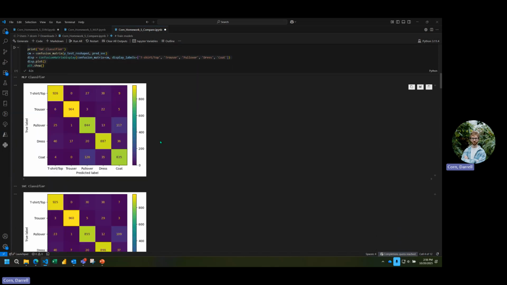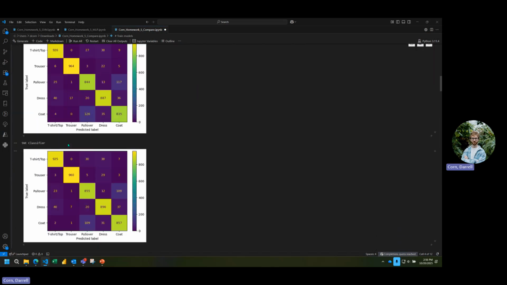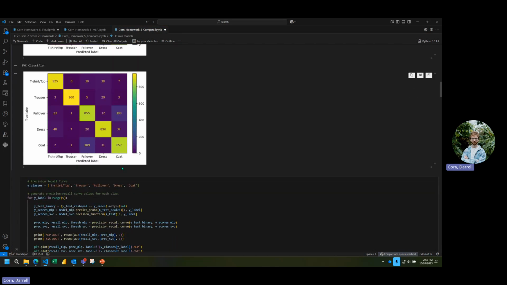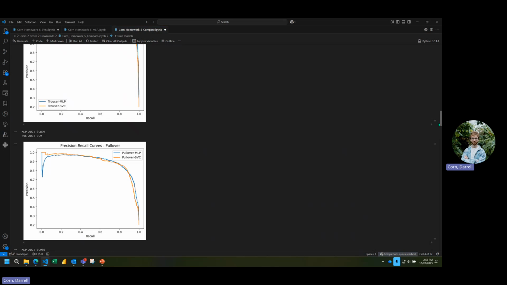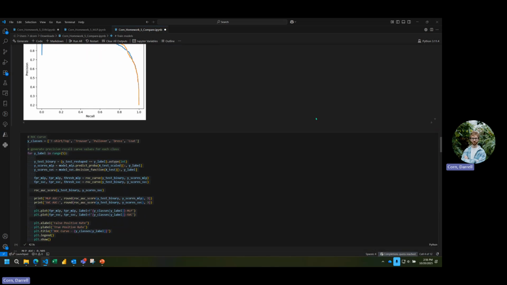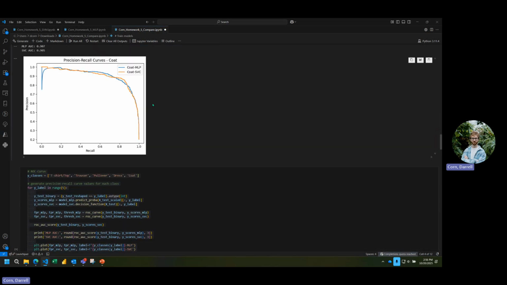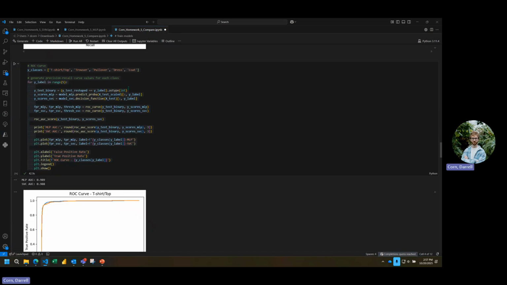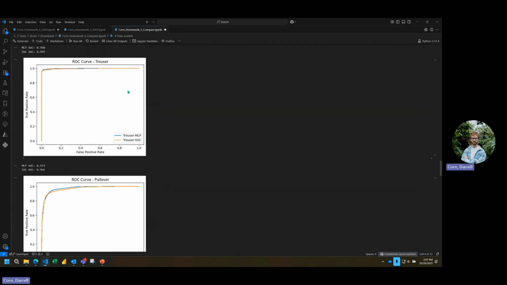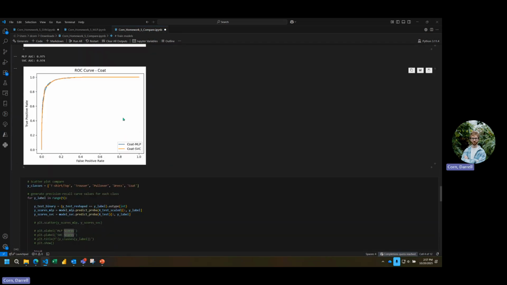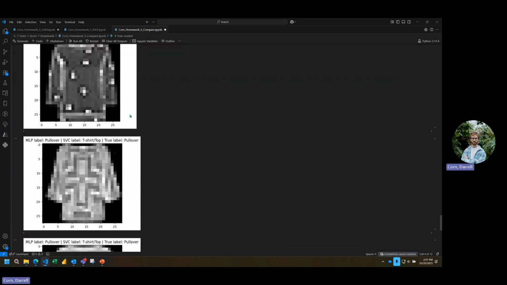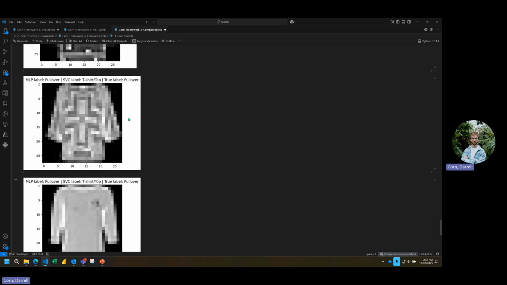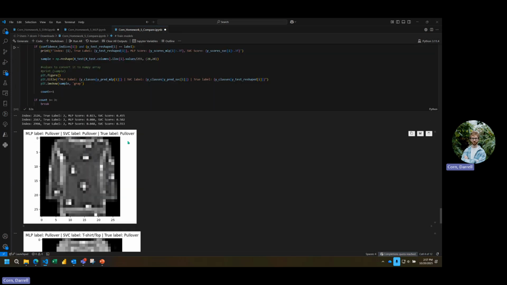Here I output the confusion matrices for each of the classifiers. And then here I'm looking at the precision recall curves for each individual class and comparing the two classifiers. Then ROC curves for the two classifiers per class. And lastly, we look at the mislabeled, or not mislabeled, but samples with certain confidence levels, I would say.